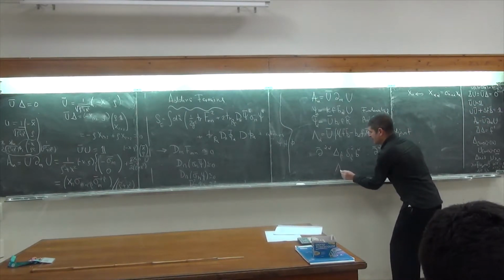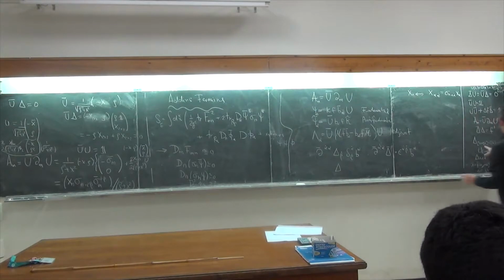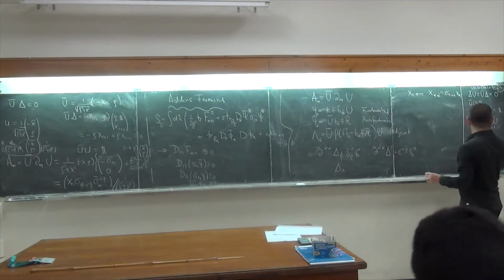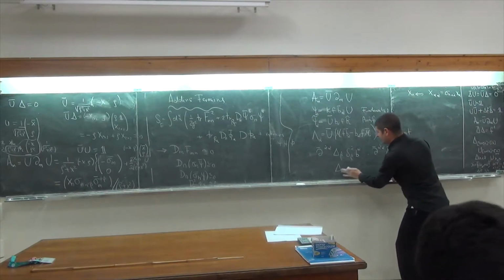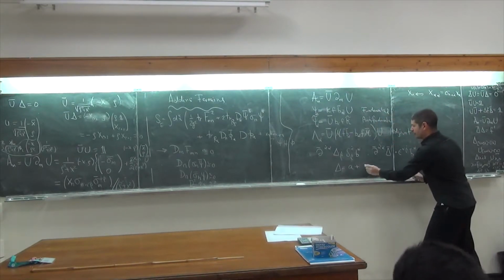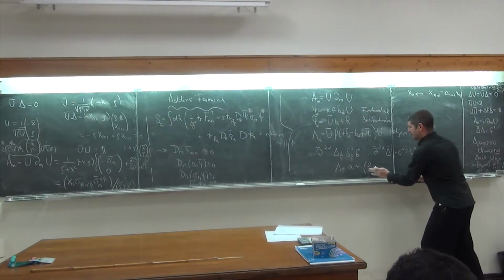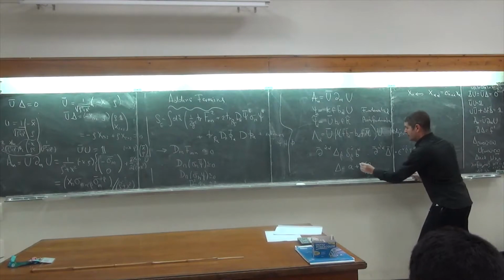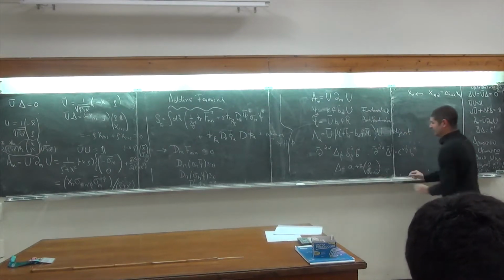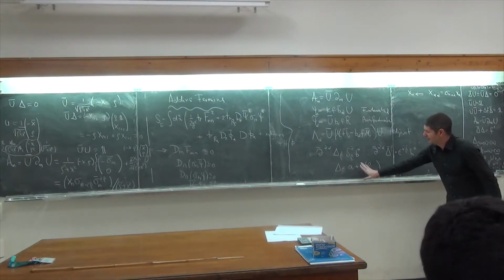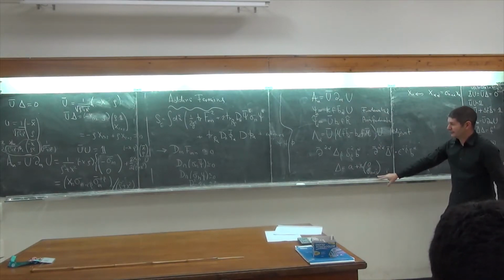Delta, remember, was a matrix A plus, here there was 0, minus alpha theta. This was delta. Then the derivative of delta is sigma n.